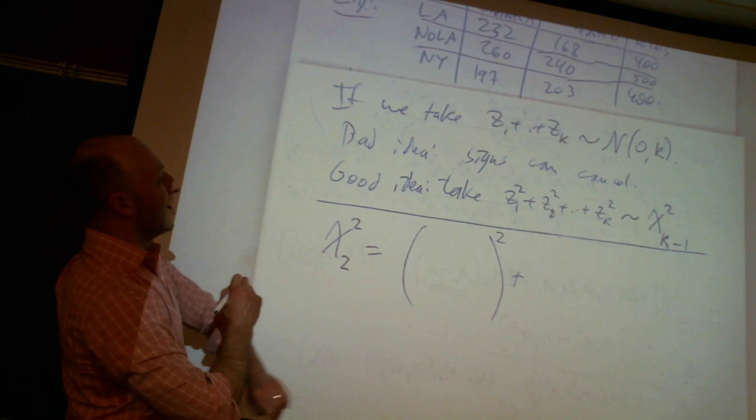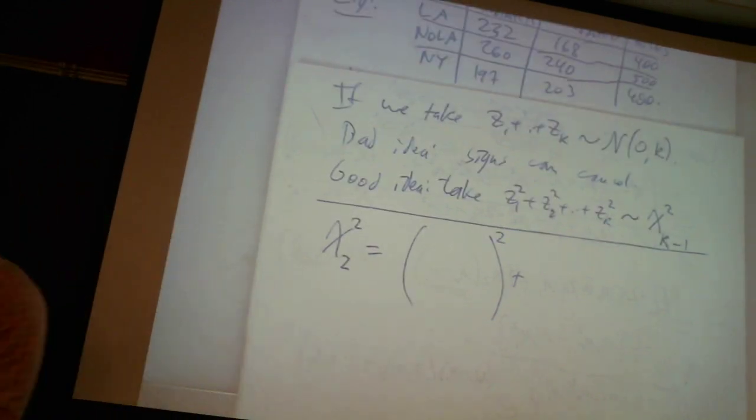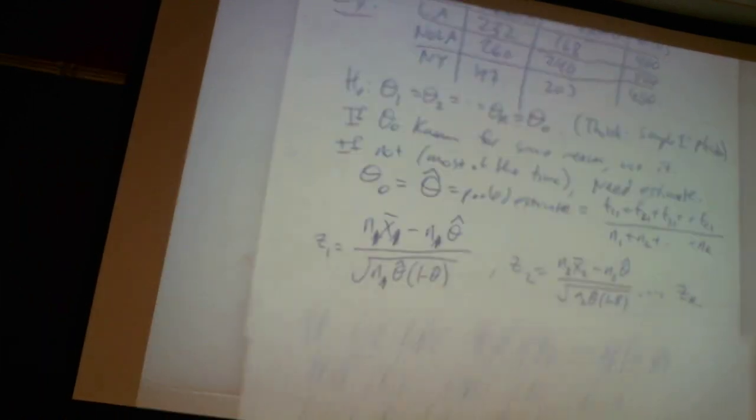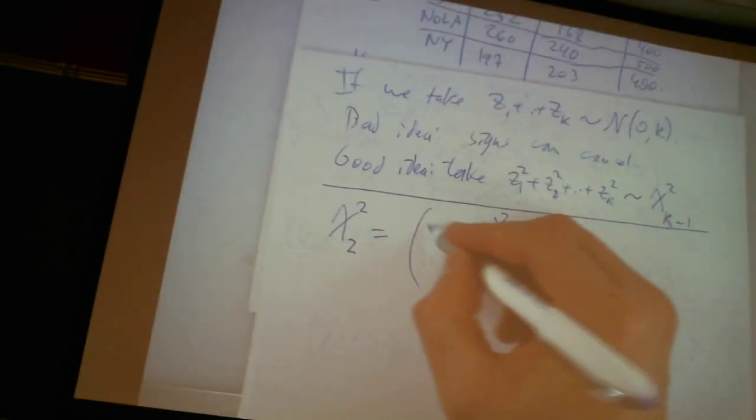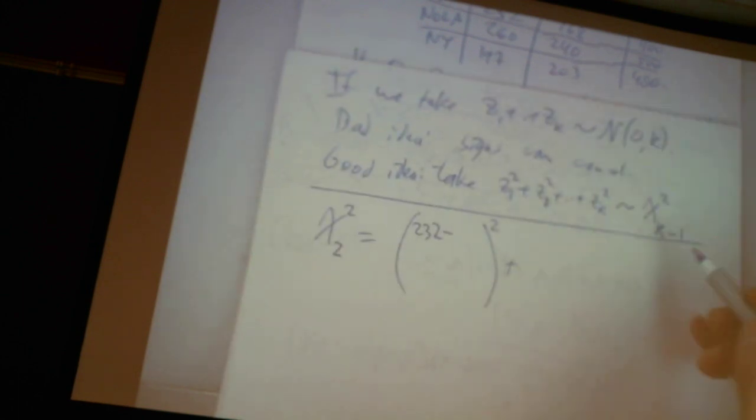232. Right. You know how to make a z variable out of this. It's N x bar. N x bar here is 232 minus N1 theta hat. Oh, we have to compute theta hat first.